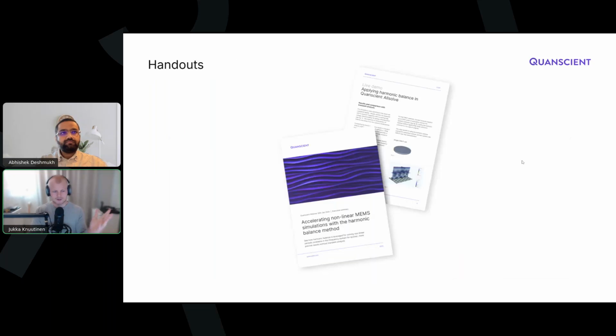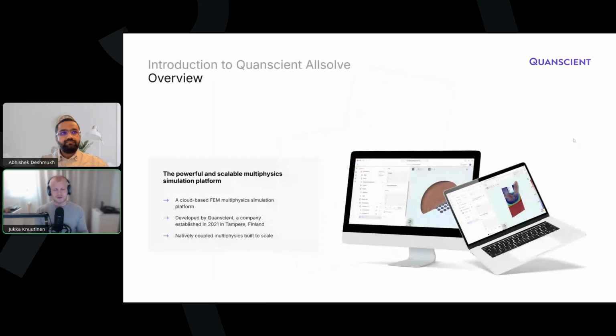Here's just a slide on the handout we'll be handing out. Just very quickly, if there's someone here who is not familiar with Quanscient as a company or as a platform, it's basically a cloud-based FEM multiphysics simulation platform developed by our company Quanscient, a Tampere, Finland-based company founded in 2021.